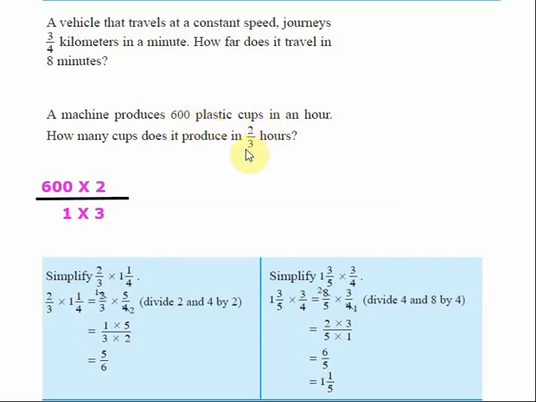So when you are multiplying 600 by 2/3, you know 600 means always 600 over 1, right? Underneath you can just write 1. So then upper side will be 600 into 2, and underneath you get 1 into 3.